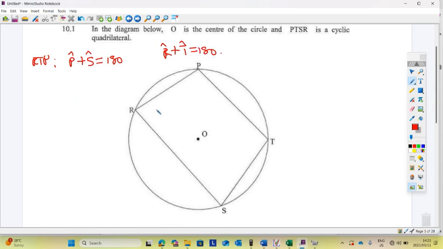That is what we are required to prove, and we are given the circle with a cyclic quadrilateral PTSR inside with center O. So how do we prove that?